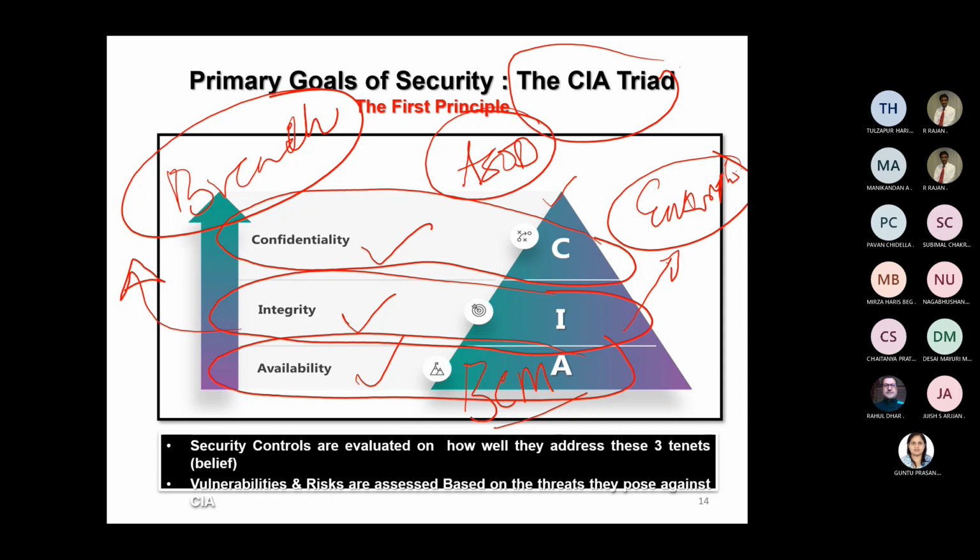What information is required to be available only 80% uptime? What information is required to be available up to 95% uptime? What information is required to be available up to 85% uptime? Accordingly, the availability technology controls that are required vary. That's what you have to look at.